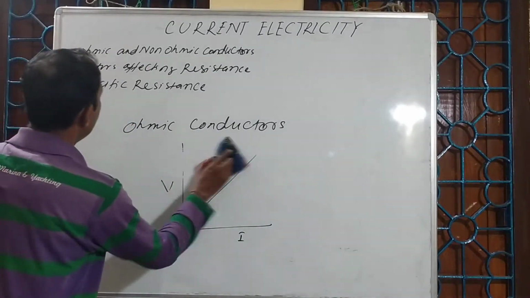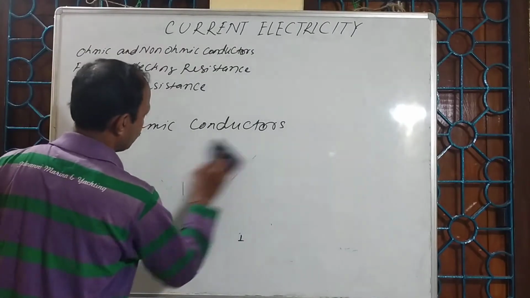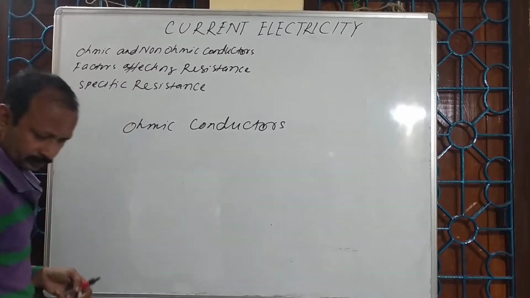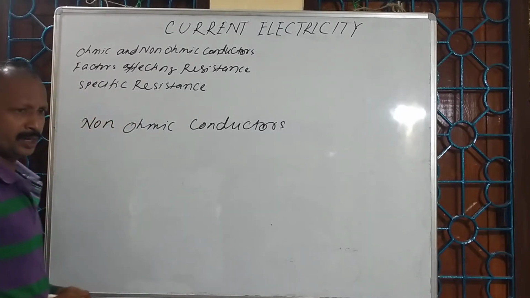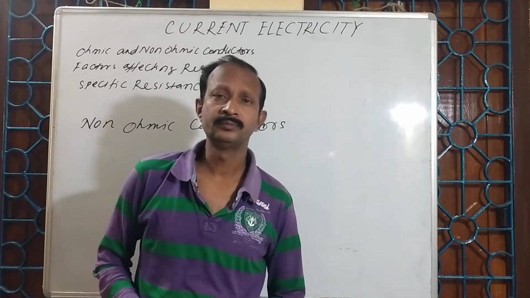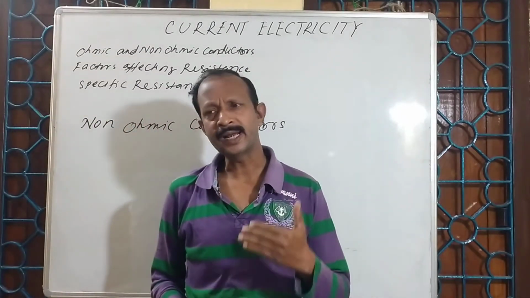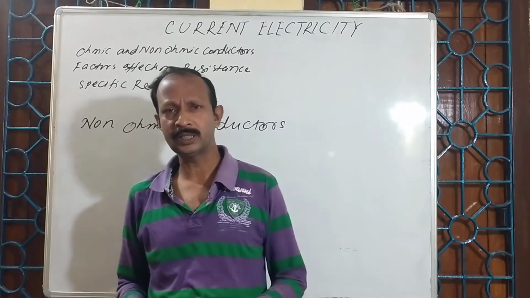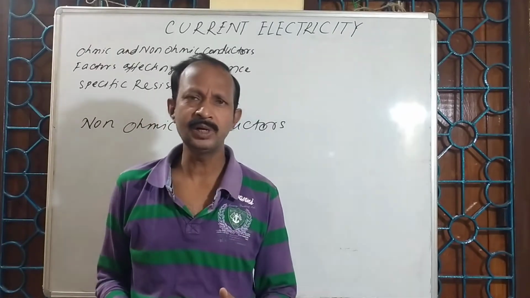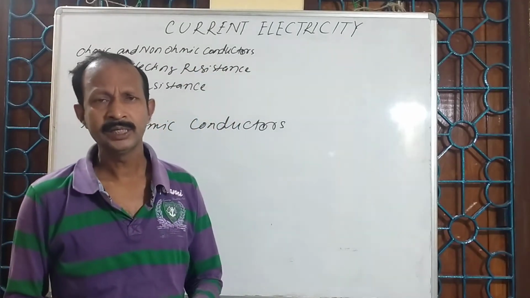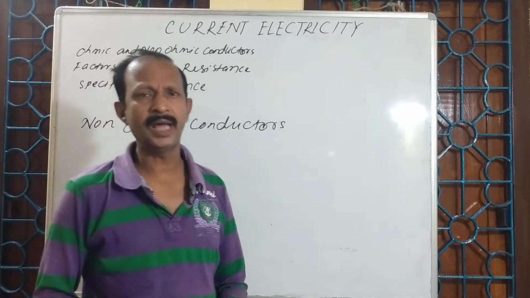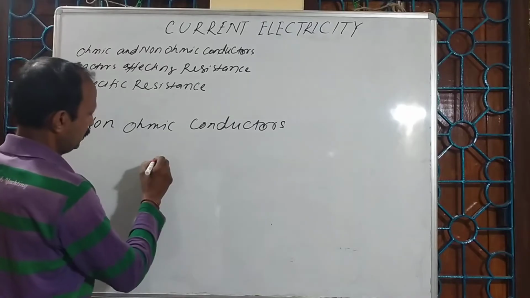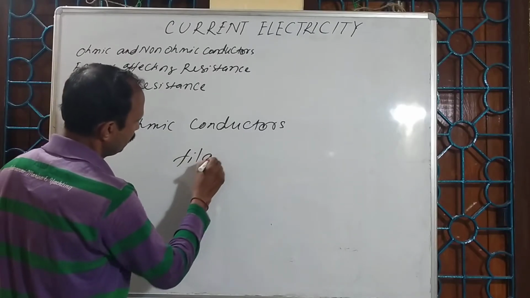Next, what are non-ohmic conductors? The conductors which do not obey Ohm's law are called non-ohmic conductors. For example, electrolyte, electric bulb filament, junction diode.